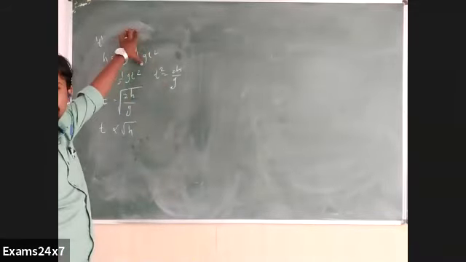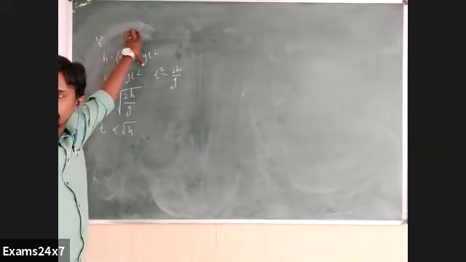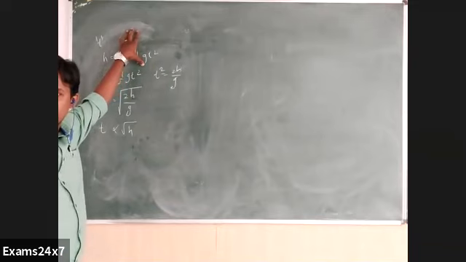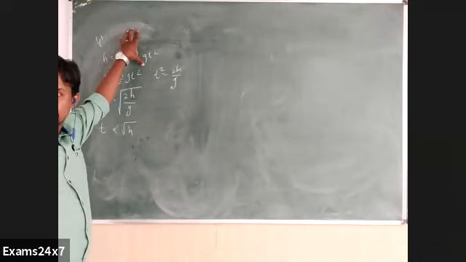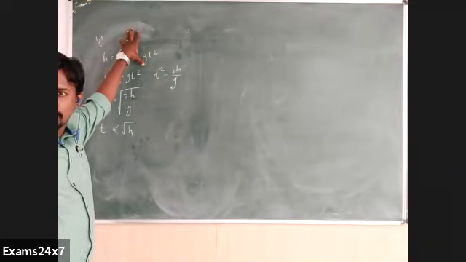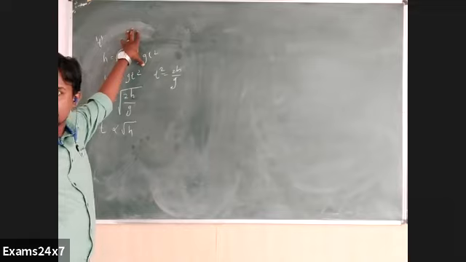What is asked? The ratio of time taken by the object to travel a successive distance of 1 meter each.